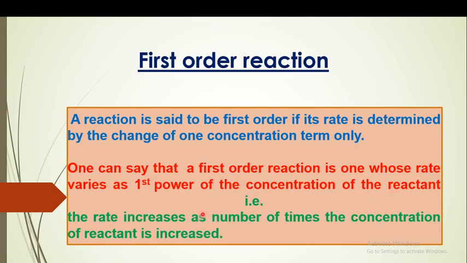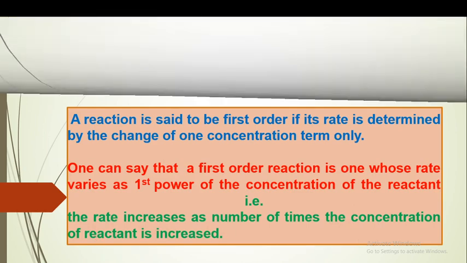So the rate of this reaction increases as the number of times the concentration of reactant is increased, because the rate of first order reaction is dependent on the concentration of that one reactant only. So the rate increases as the concentration of that reactant is increased.